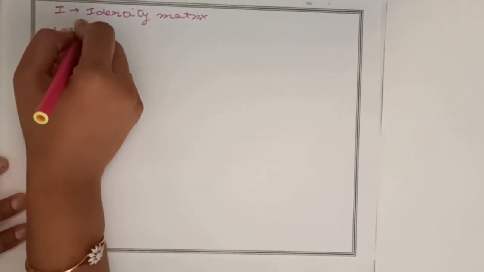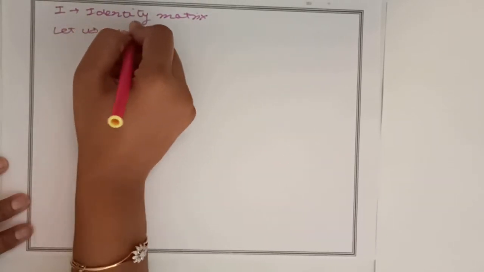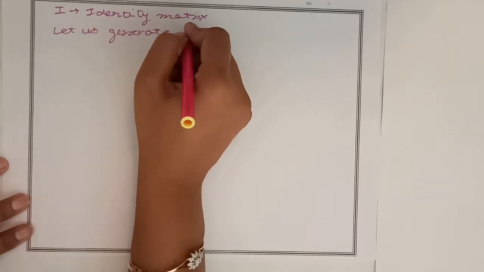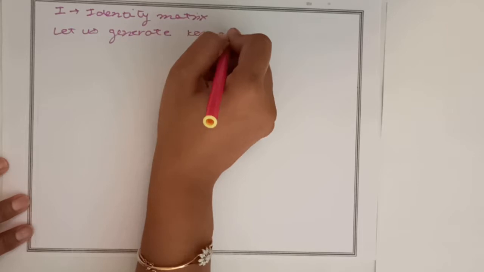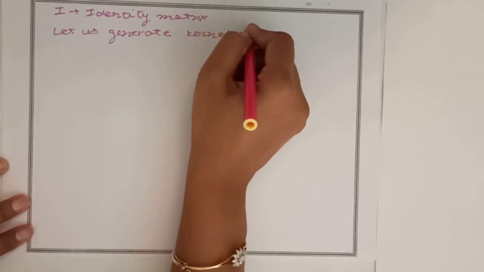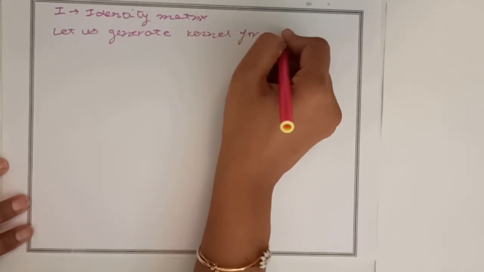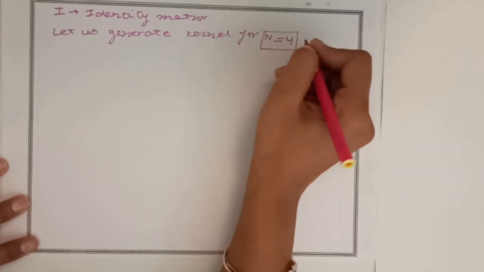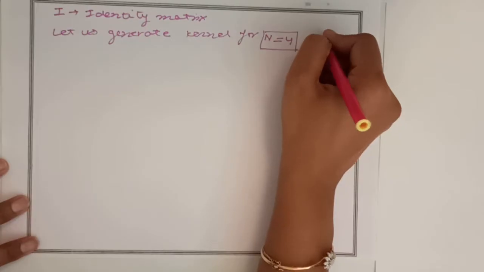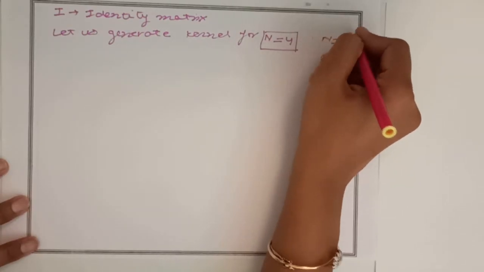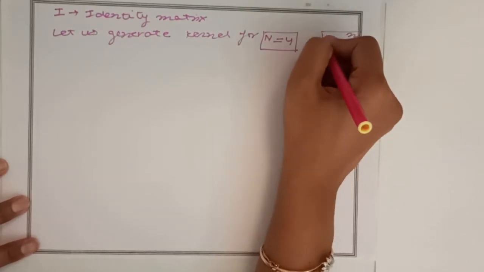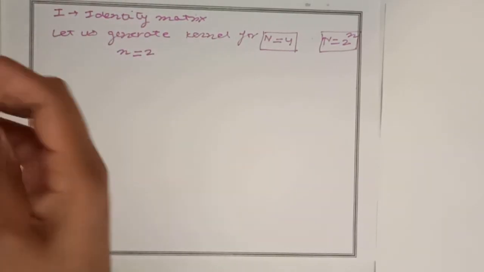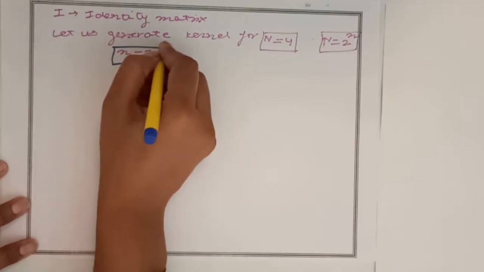Now let us generate the kernel of n is equal to 4. Since capital N is 2 raised to the power n, small n will be 2.